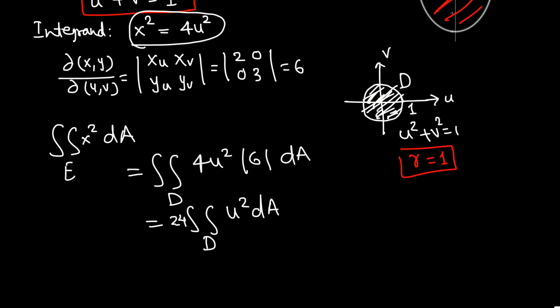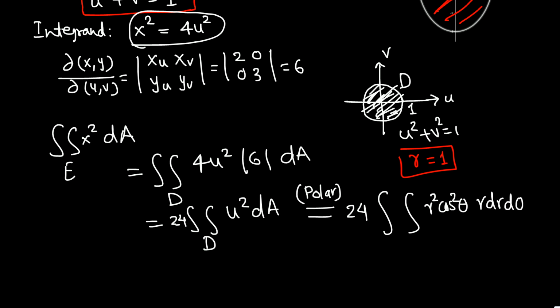So when we change this into polar, another transformation, with the 24 outside, we'll still have a double integral. u is like x, which is r cosine theta, so this is r cosine theta squared, so r squared cosine squared theta, and dA becomes r dr d theta, so r first and theta outside.